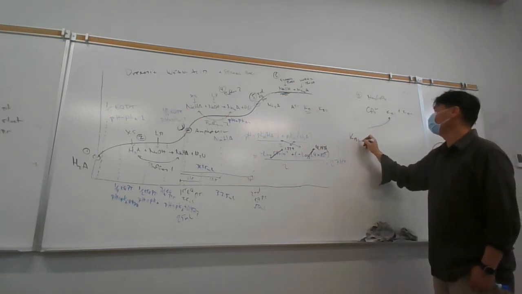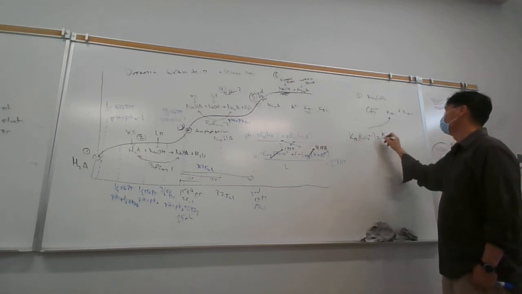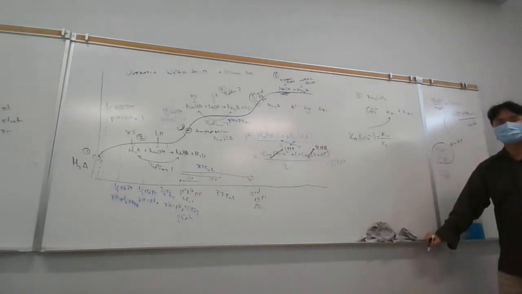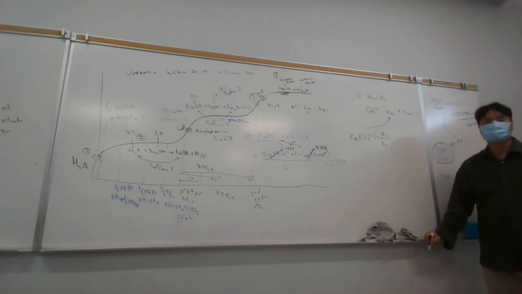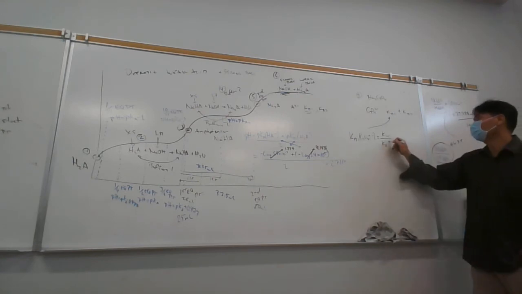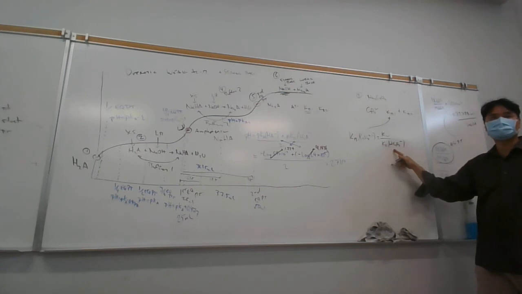So Kb1 for oxalate is equal to Kw divided by Ka for which acid? HC2O4 minus, did you say? Okay, that's correct. This would be the conjugate acid of this.